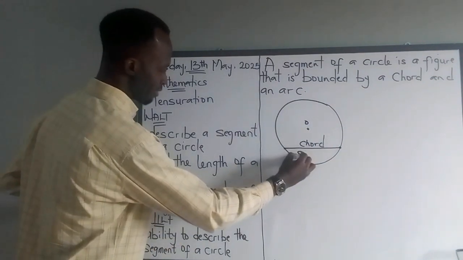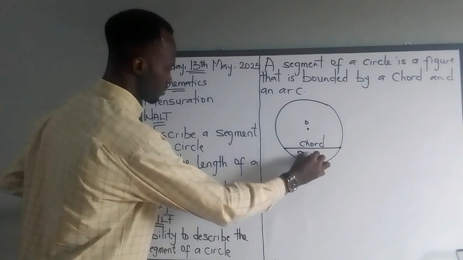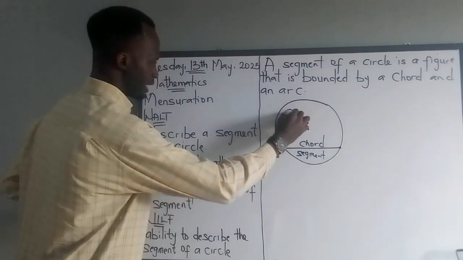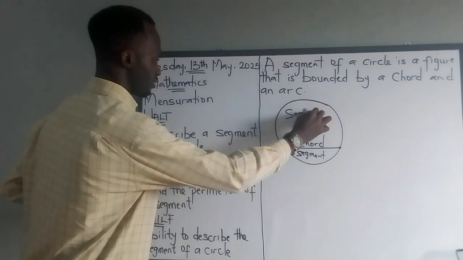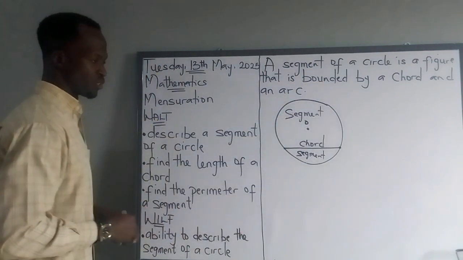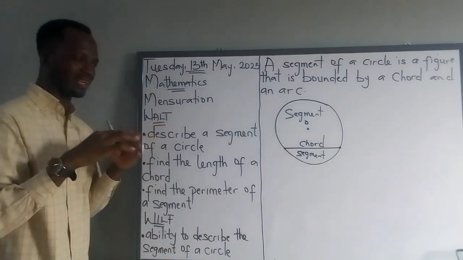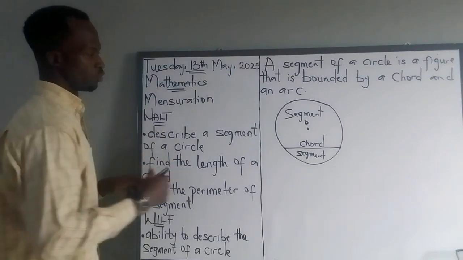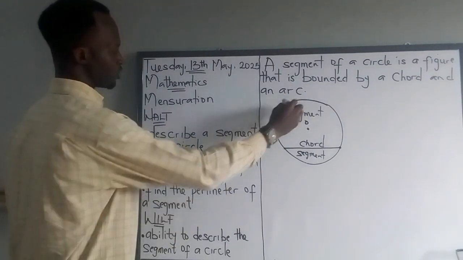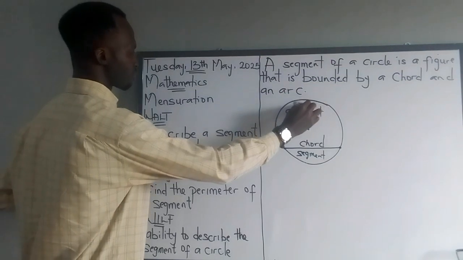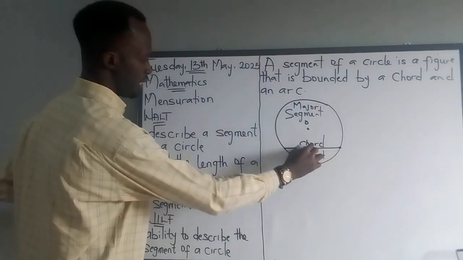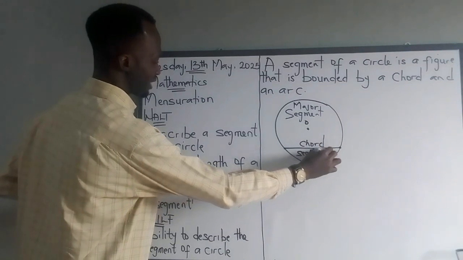So this is a segment. This is also a segment. Now, you observe that one segment occupies a larger area than the other one. The one with the larger area is called the major segment. This is the major segment, and this is the minor segment.